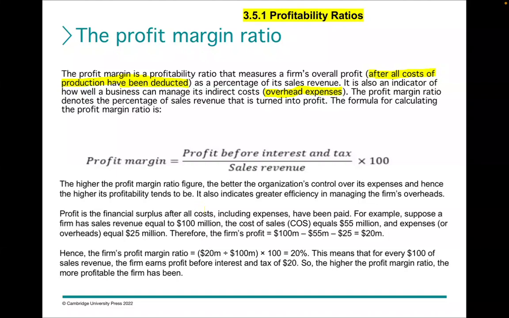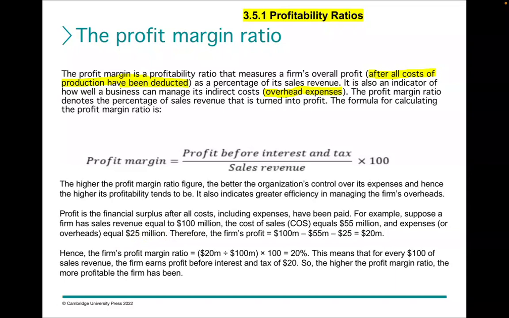Profit is the financial surplus after all costs, including expenses, have been paid for. For example, we'll go with the same example as before, which was the $100 million minus the cost of sales, 55 million, and expenses or overheads, which wasn't taken out last time, but it was mentioned.